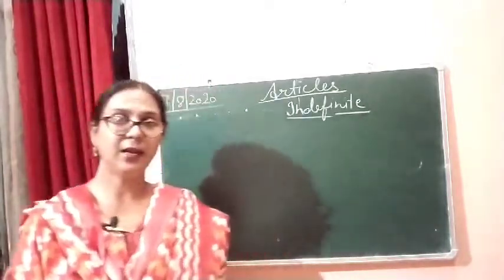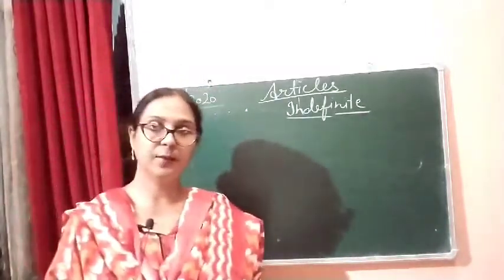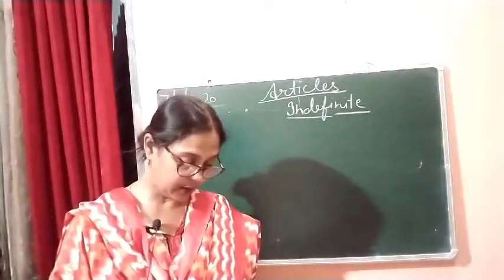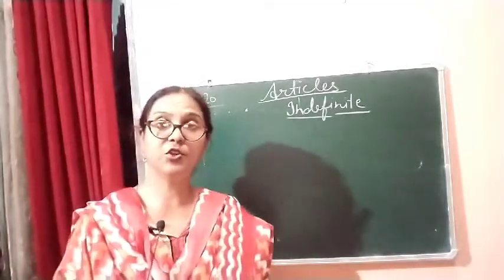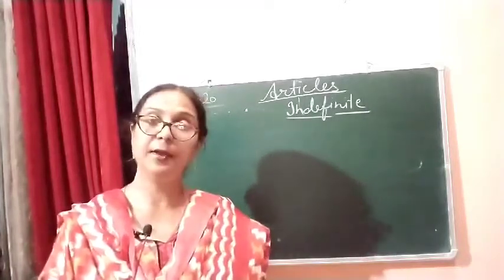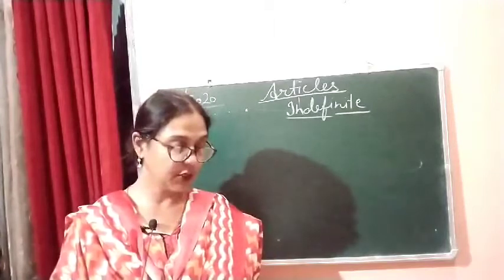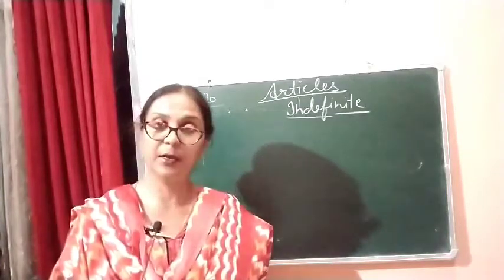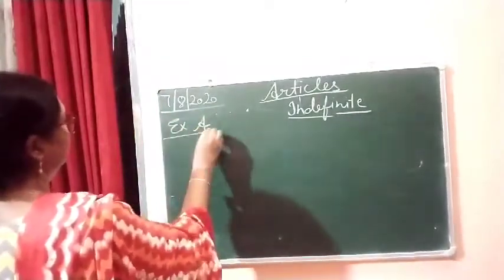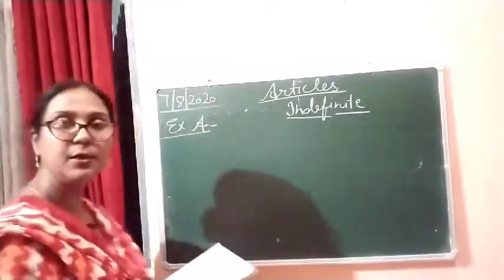Now after "a" and "an", we are going to complete the exercise given in your Mastering Grammar book, page number 41. Tick the correct option to complete the sentences. This is exercise A that we are going to complete today.